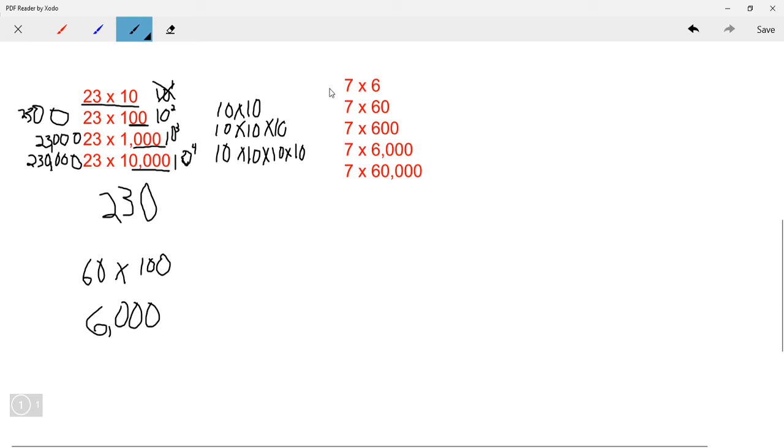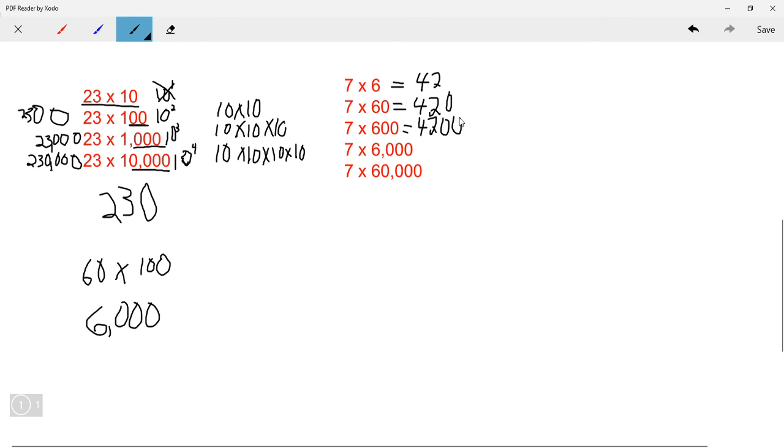All right, and let's just go to this one. So 7 times 6 equals 42, right? And then all I'm doing is 7 times 6, and then I'm adding the 0. So 7 times 6 is 420, because I'm adding 1 zero. 7 times 6 equals 4,200.